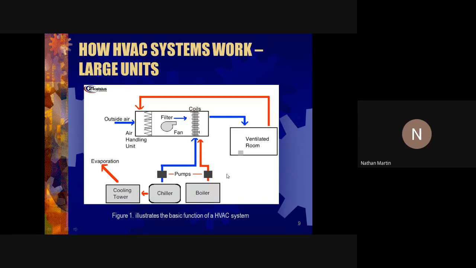Now, this is really a layout. This is a typical layout, guys. It will change depending on the type of unit that we're talking about, right? This will show you the flow of air through the system, the outside air. We're talking about the filter inside and the fan.